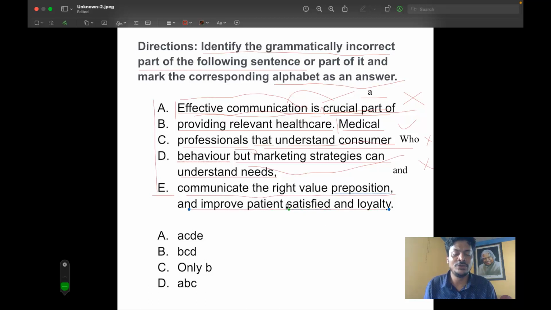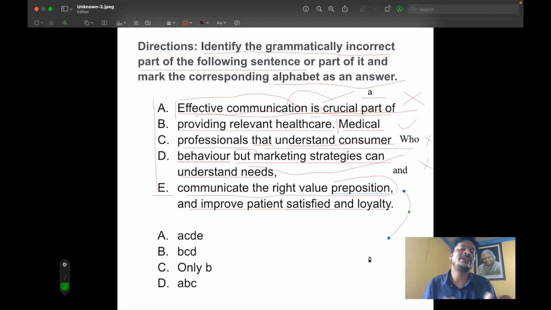Now you could see that there is an error in a word which could be called a preposition. A preposition is one of the parts of speech, isn't it? Prepositions are in, on, at, under, beside. These words are called prepositions, isn't it?